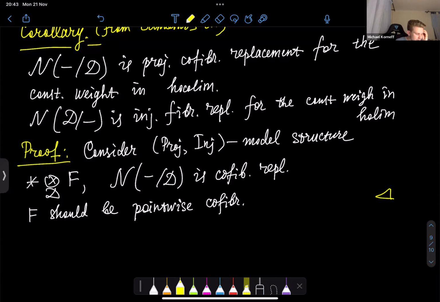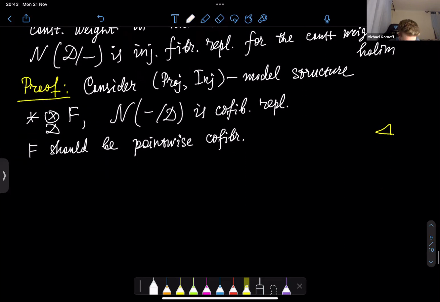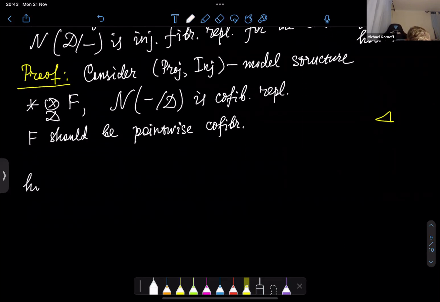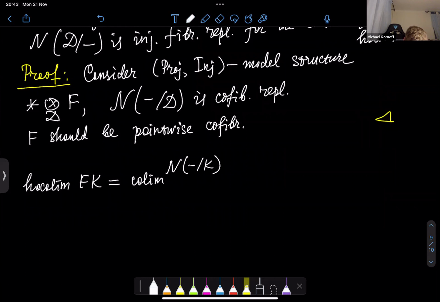But also we can derive the finality equivalence theorem from Gambino's theorem. We know that the homotopy limit of the composition is just this weighted colimit.